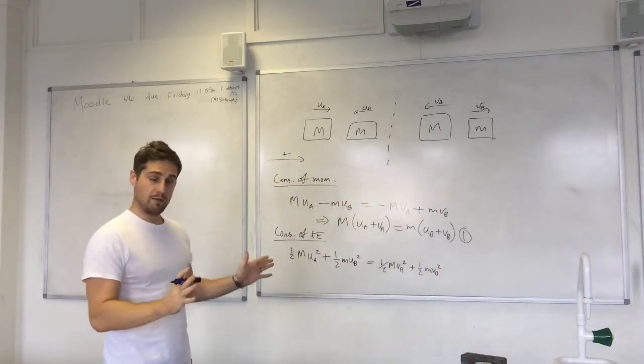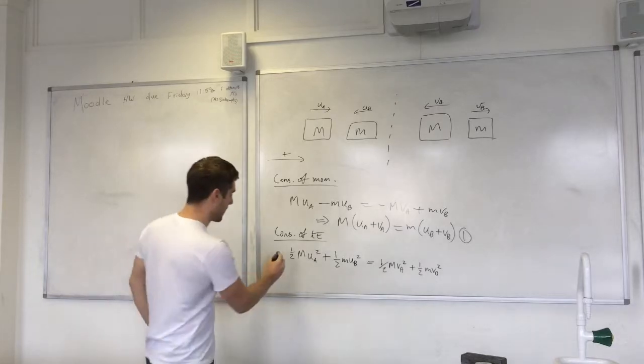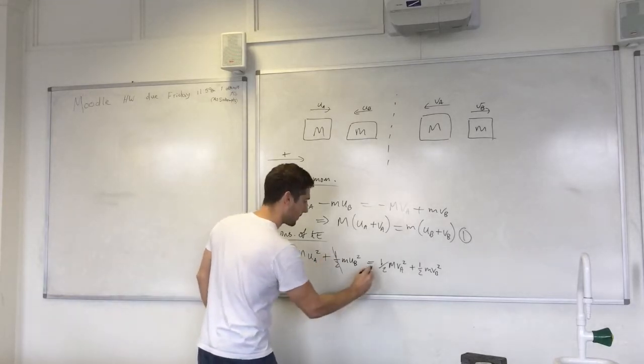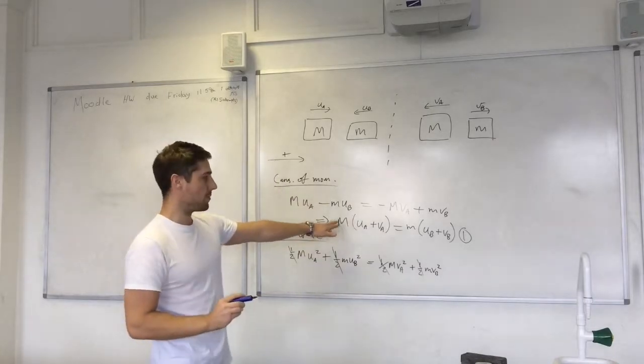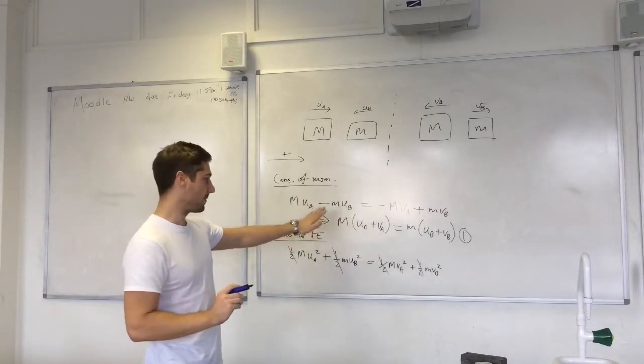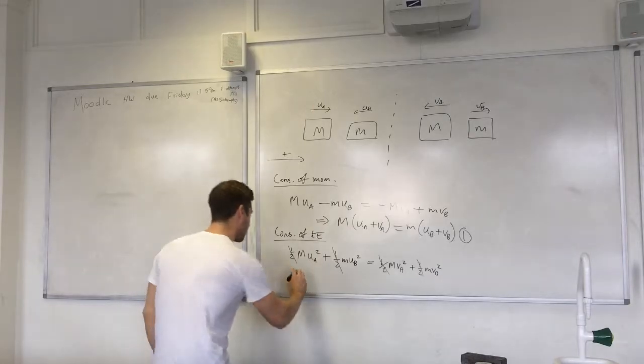Every term there has a half, so they will cancel out. And similarly to what we did here, when we grouped our A and B terms, let's group the A and B terms.